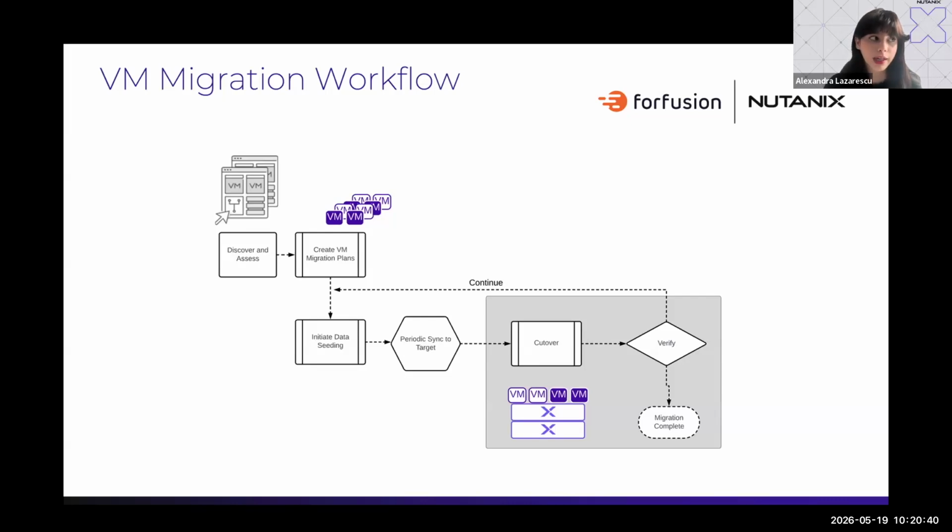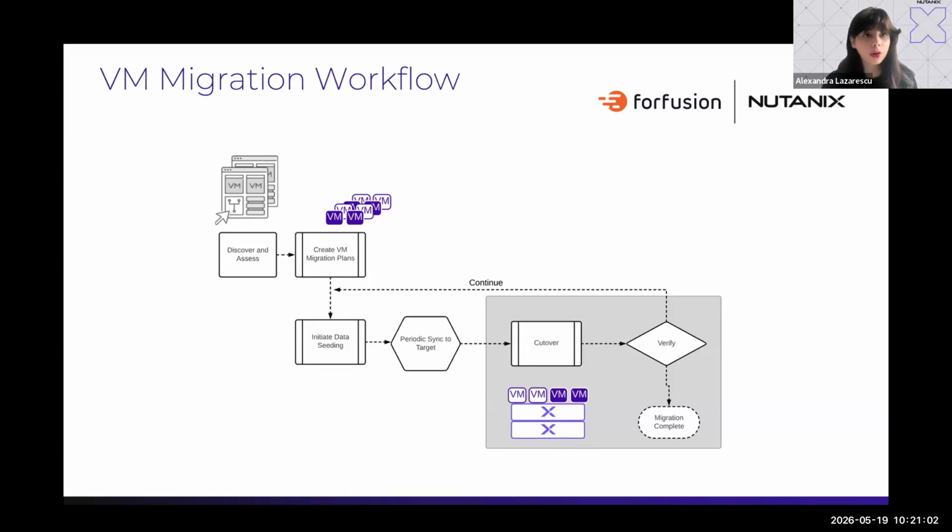After you have decided what you want to move, then comes migration VM plans. We do migrations through migration plans. Essentially, you can group together virtual machines and send them in the same plan, say from environment A to environment B, and you can group the VMs based on different plans.